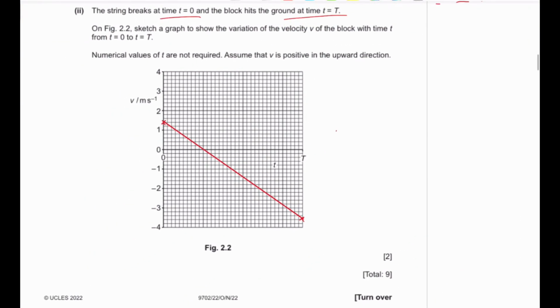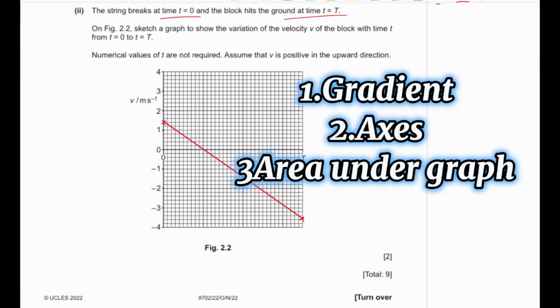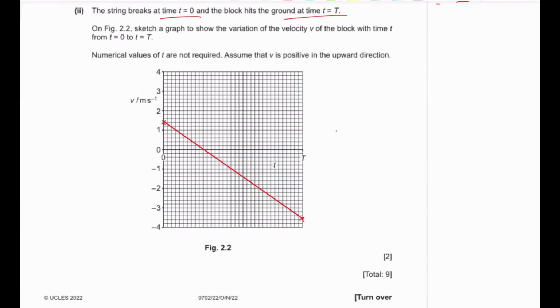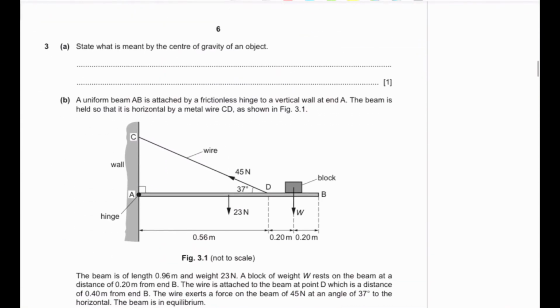And I always say with graphs you need three things: your gradient, your lines, your axes, and then you need to also consider your area under the graph. In this case, we're mainly considering plotting the values themselves. At t equals 0, it's 1.4, and it's in the positive direction, so it's in the upward direction when it's moving up. That's why it's positive here. It reaches a certain value of 0 at its maximum height, then it starts becoming negative as it begins to fall down. Very important. I'll move on to the next question.